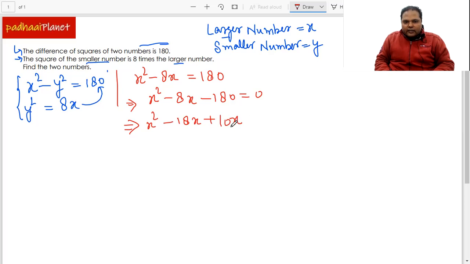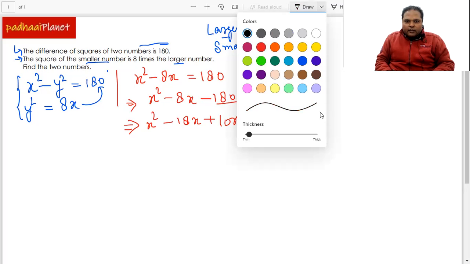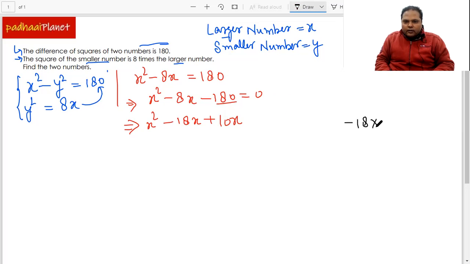The product of minus 18 and plus 10 is equal to minus 180, and also minus 18 plus 10, the addition of these two, is equal to minus 8, right? So these two things are satisfying our situation, and these are the two terms in which we can split minus 8x, right?